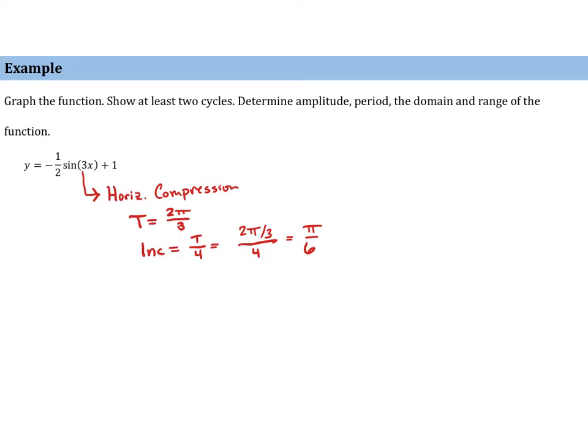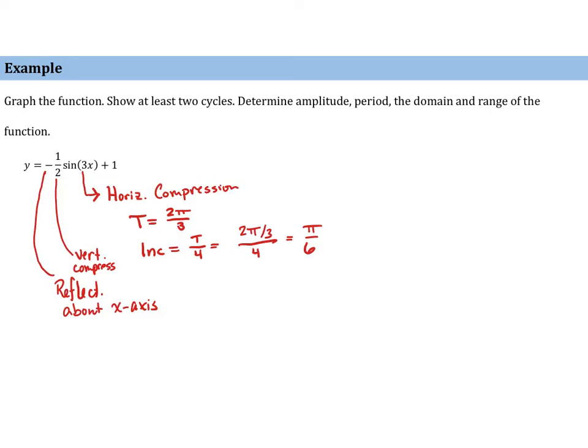So now we have two things going on with this coefficient of sine. We have the negative, which is a reflection about the x-axis, and the 1/2 is a vertical compression. Now, why do we say the amplitude is the absolute value of A?